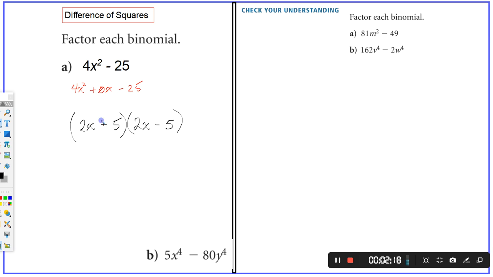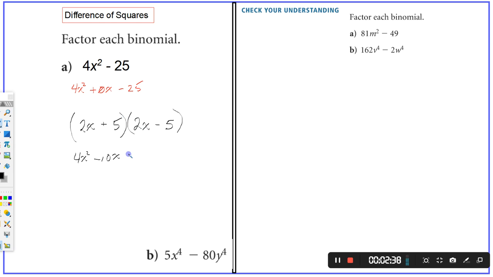And if you were to expand this out and work backwards, you would end up with 4x squared, plus, so 2x times minus 5 would be minus 10x.